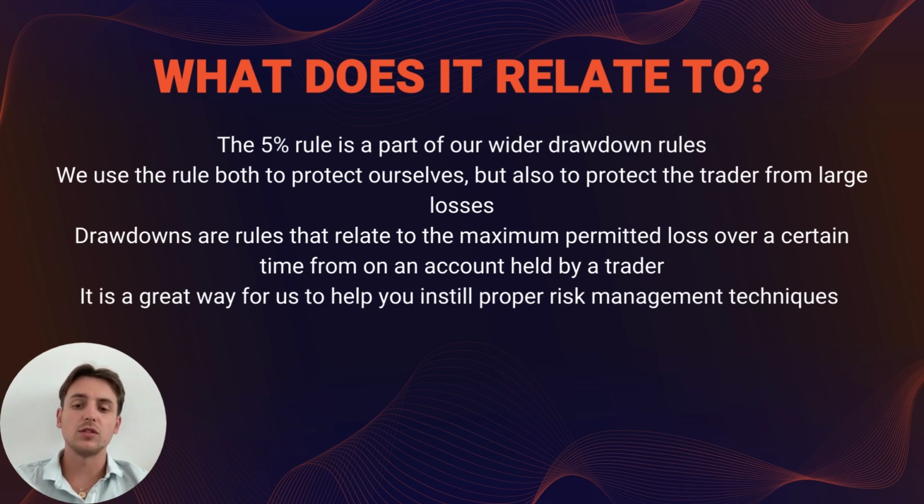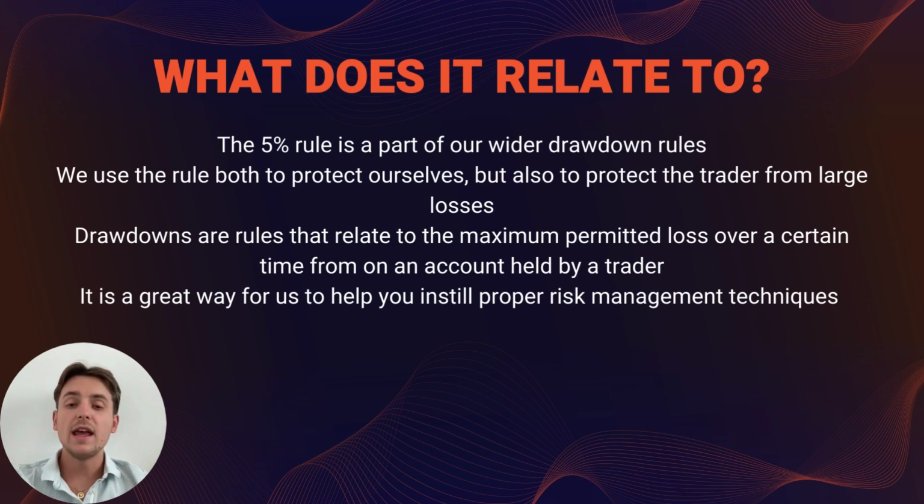So drawdowns are rules in the proprietary trading company industry, which pertain to losses that are permissible on either daily, monthly, over a certain time period. So with OFP, the 5% rule is related to the daily maximum drawdown.